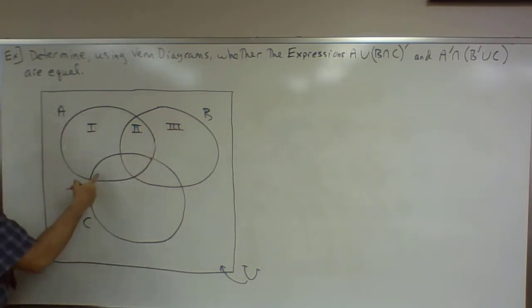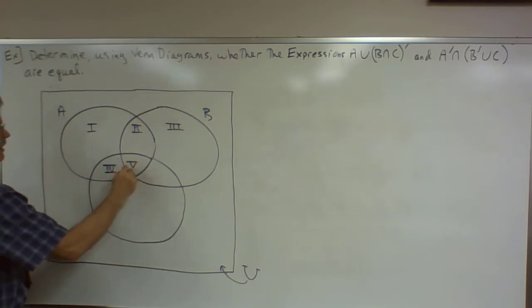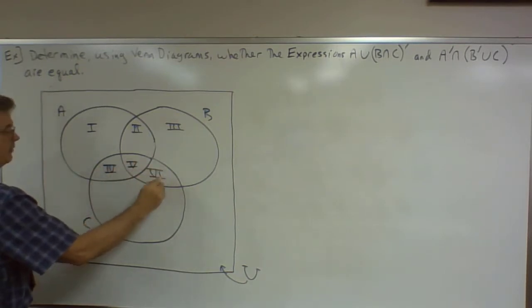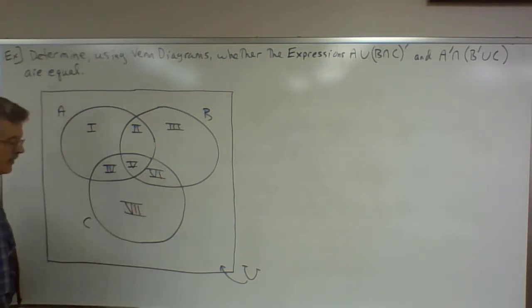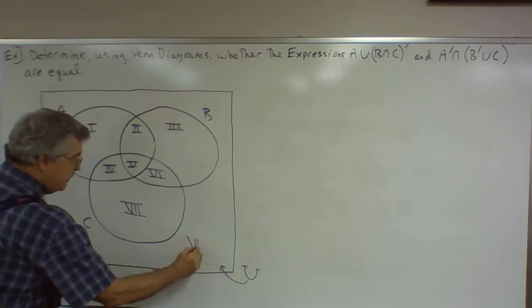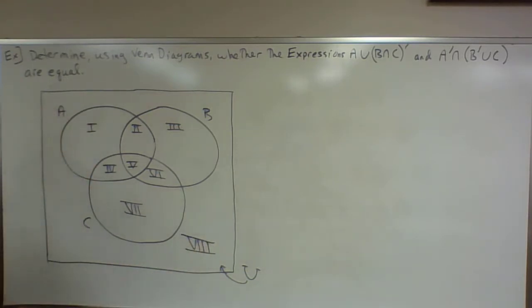Then, going across the middle from left to right, 4, 5, 6. This is region 7. And that region that doesn't happen to be in any of the sets A, B, or C, that's region 8.